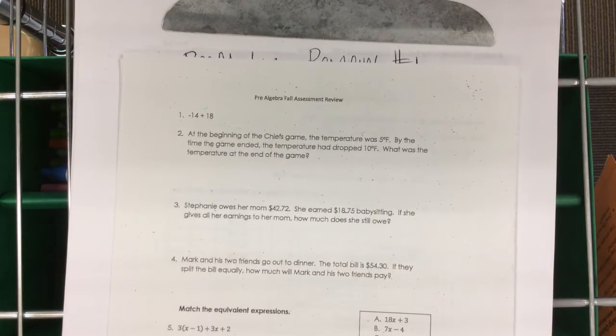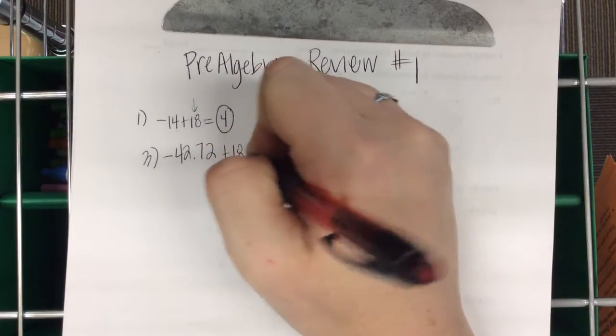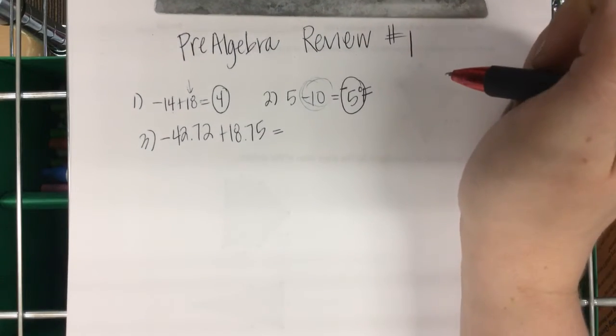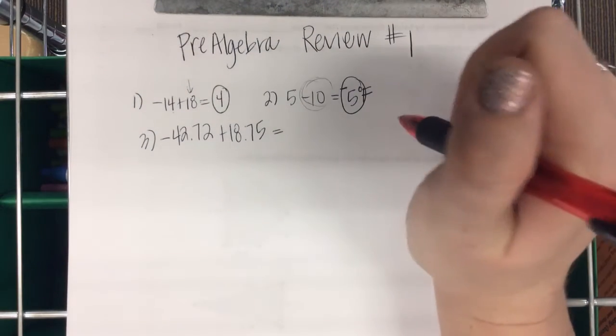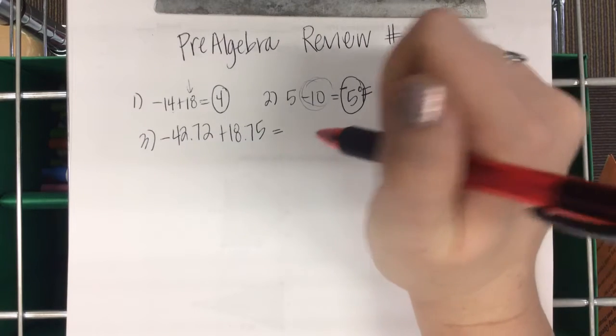She earned $18.75 babysitting, so what does that look like? Plus $18.75 equals, if the signs are different, find the difference, greatest distance.